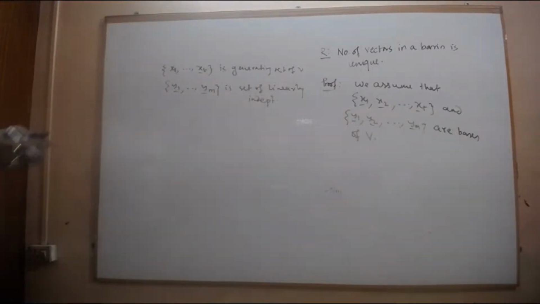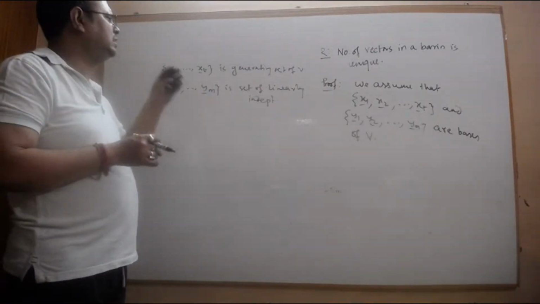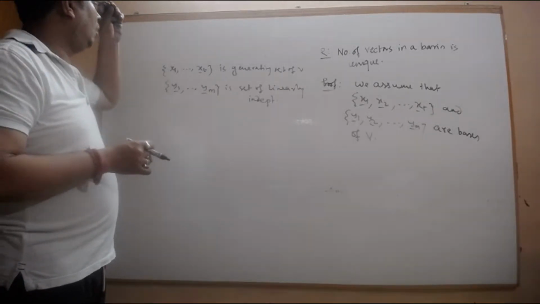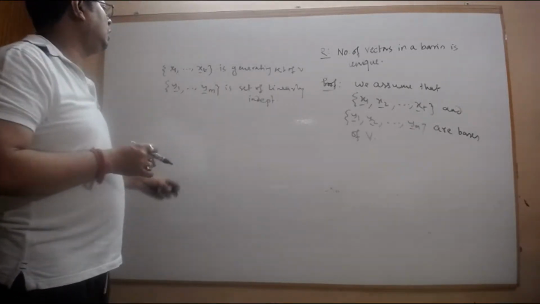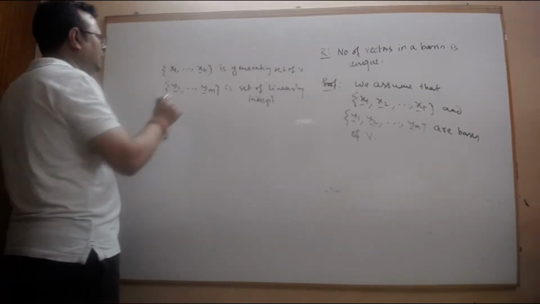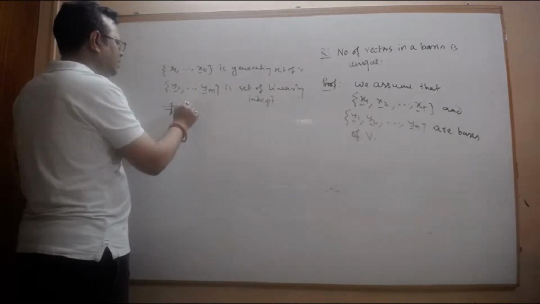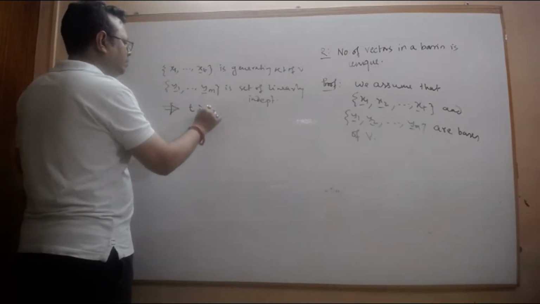We already proved that the number of vectors in a generating set is always greater than or equal to the number of vectors in a set of linearly independent vectors. So using this result, T should be greater than or equal to n.